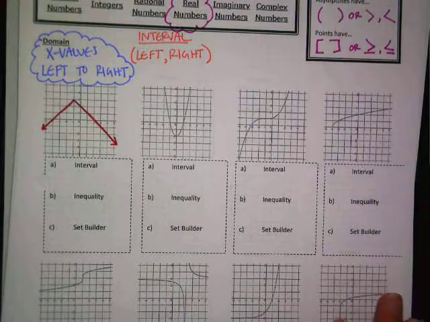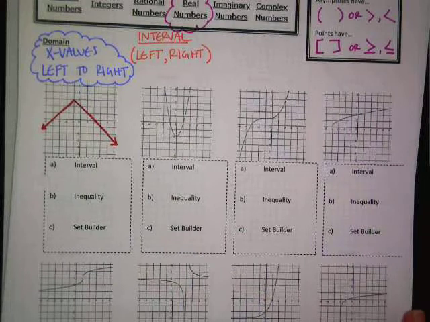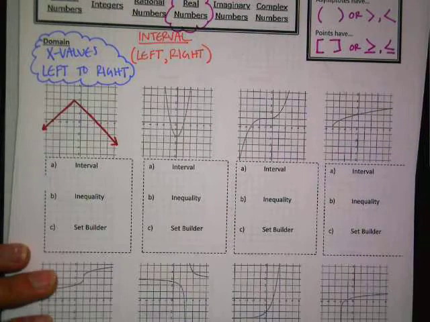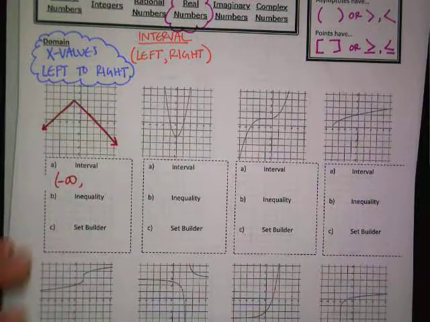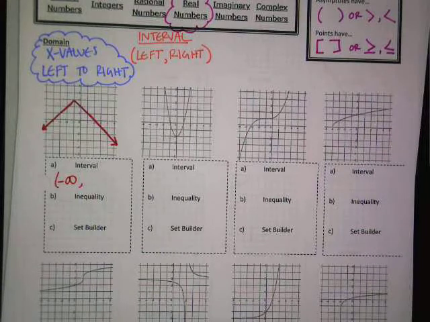So forever in math is? Infinite. Infinite, yep. And since we are going left, left is going to be negative. So negative infinity. Which makes sense because we are using all of the negative x values. Right, because we're going forever to the left, so we're using all the forever negative x values.